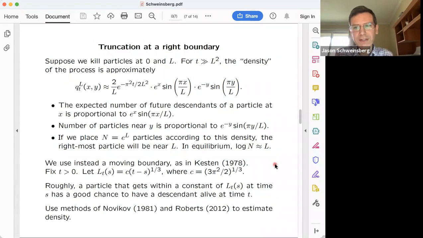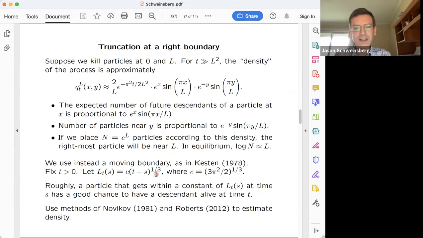And you can solve a differential equation to figure out what the appropriate right boundary should be. And if we're given a positive number t, which we think of as being the amount of time for which we expect the process to survive, then we set the position of the right boundary to be L_t(s), which is c times (t minus s) to the 1/3 power.